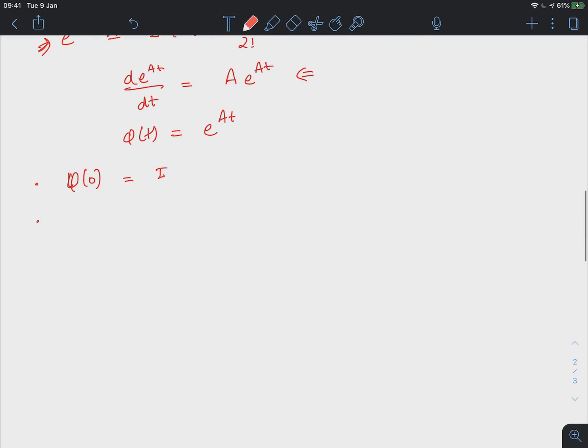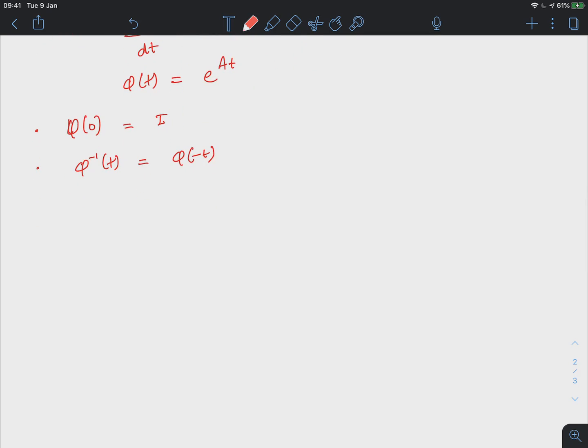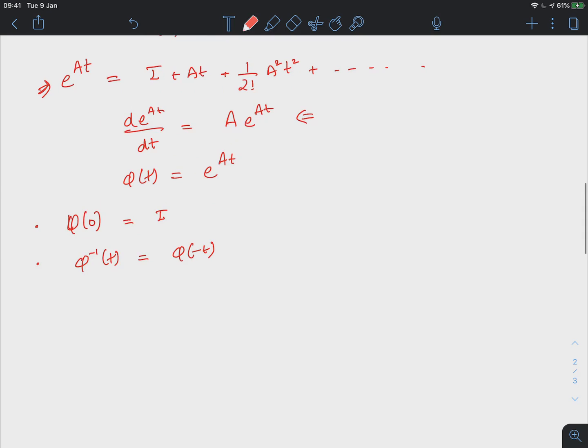The second property is that if I take the inverse of the state transition matrix phi, we would have phi of minus t. For the proof, I think you can do it by yourself by analyzing this exponential series. So this is the solution of the homogeneous state equation.